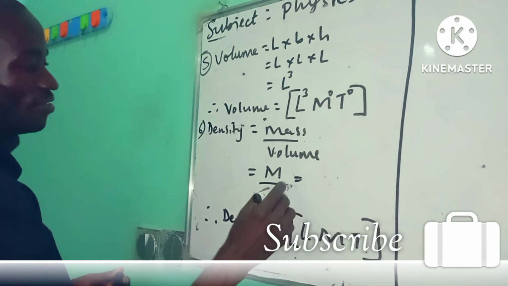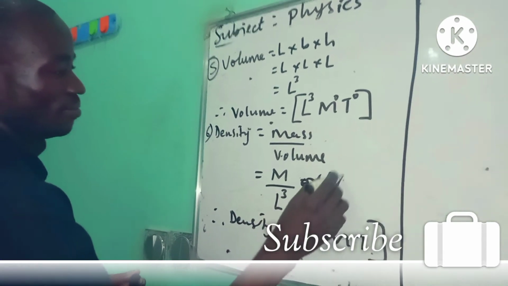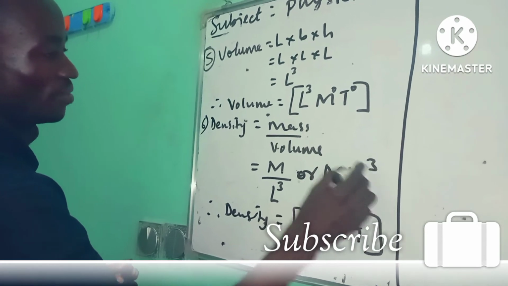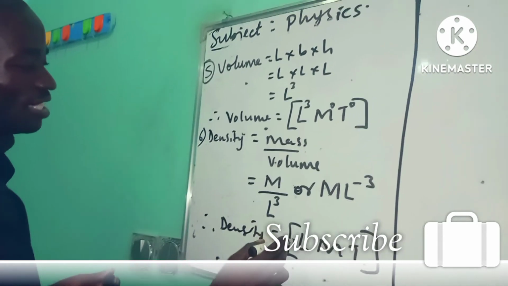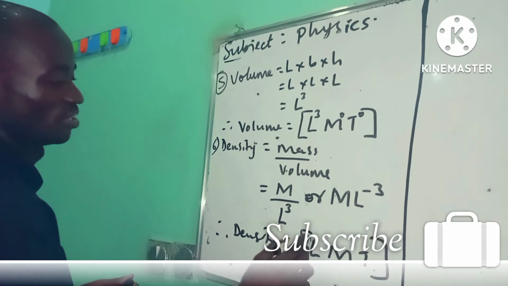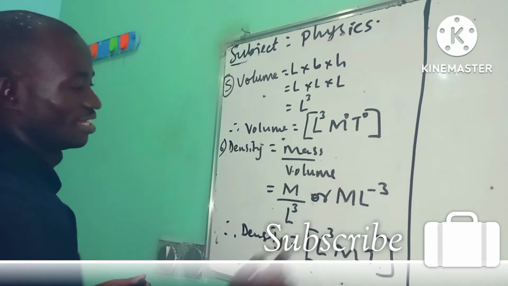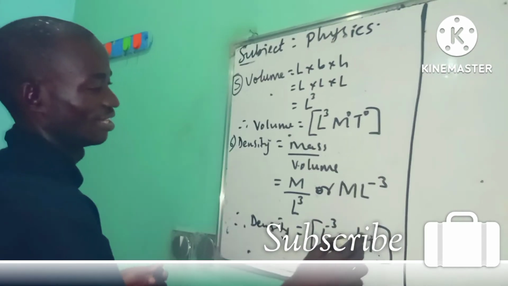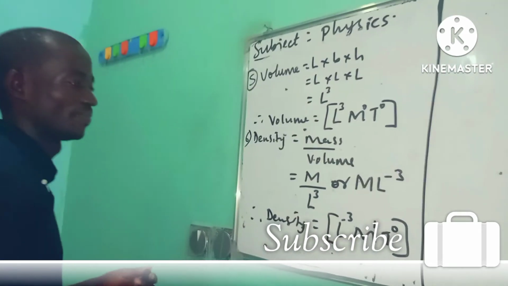This can further be expressed as M times L to the power of minus 3. That means that L here is raised to the power of minus 3, while M is raised to the power of 1, and then T is absent.